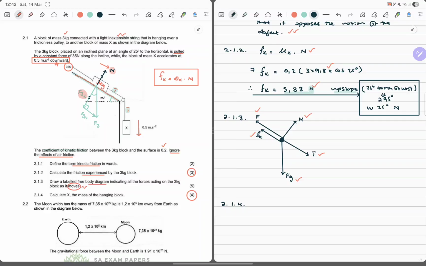Because once we find the tension, then we will be able to... yes, we need to find the tension, and then we will be able to... I'm thinking now, how are we going to handle this?